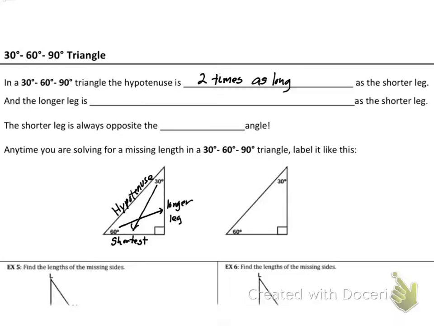All right, let's go back up to the notes. And the longer leg is going to be square root of 3 times as long as the shorter side. So the shorter leg is always opposite the smallest angle. That's important to remember. And Hannah already told us that, but now we have it down in print.